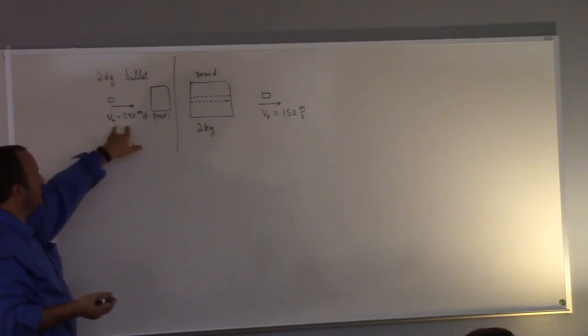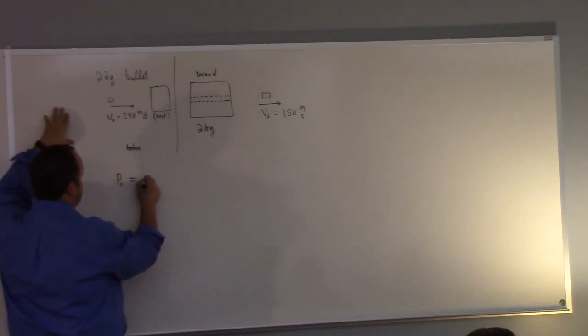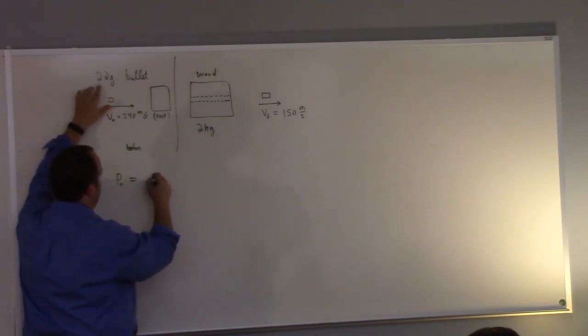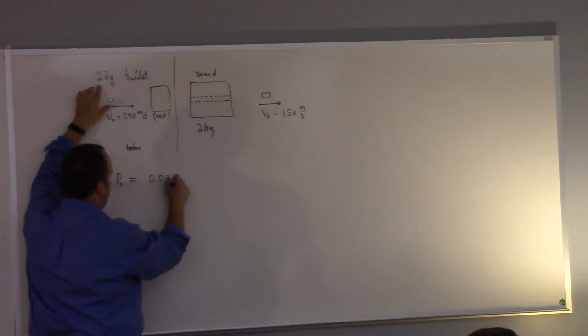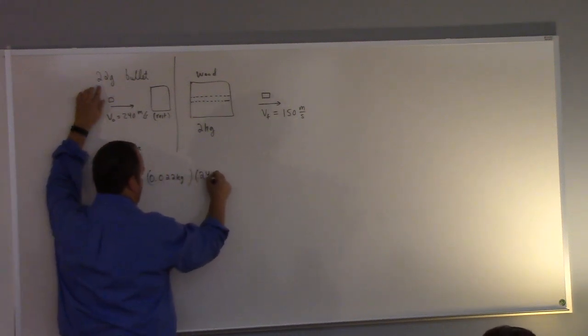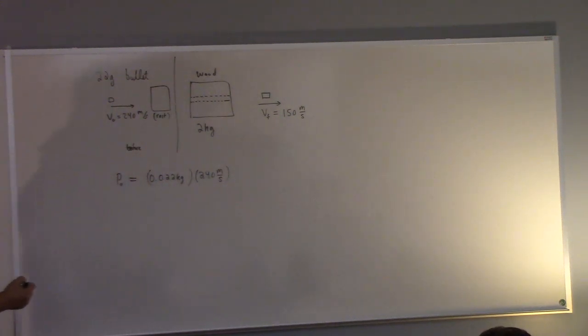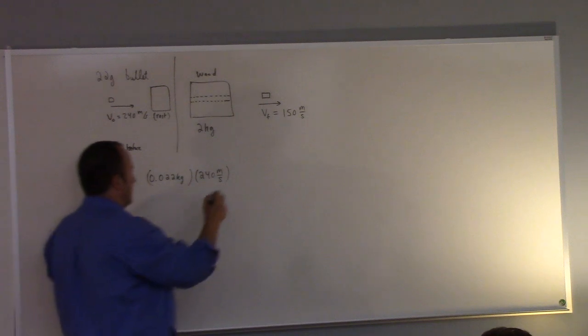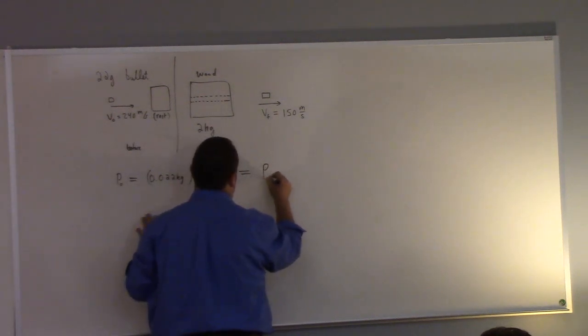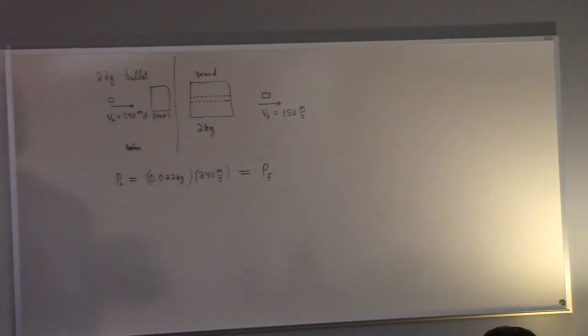The original momentum of the system is what? What's P naught? It's 22 grams, which is 0.022 kilograms, times 240 meters per second. That's my initial momentum. What's my final momentum? We've got to identify all the momentums involved.